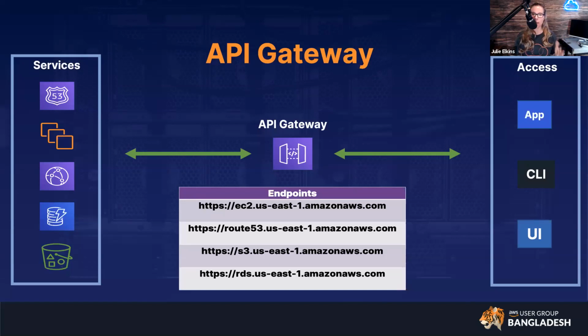And when we access AWS, we are actually using endpoints to connect to AWS. And you can see specific endpoints below. So each AWS service has its own endpoints in each AWS region. And these endpoints are entry points to our AWS APIs. So, for example, when we access S3, we are doing so through the API.